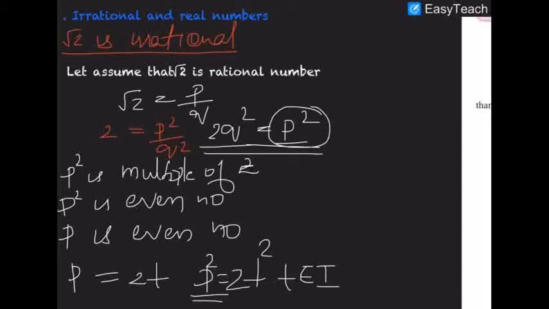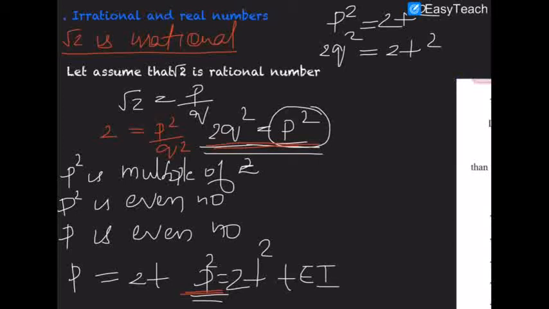You see we have written it here. So we substitute this 2q square in the place of p square: 2q square is equal to 2t square.